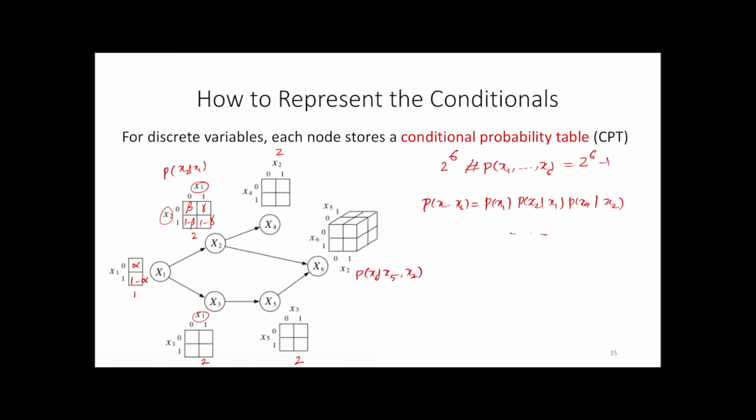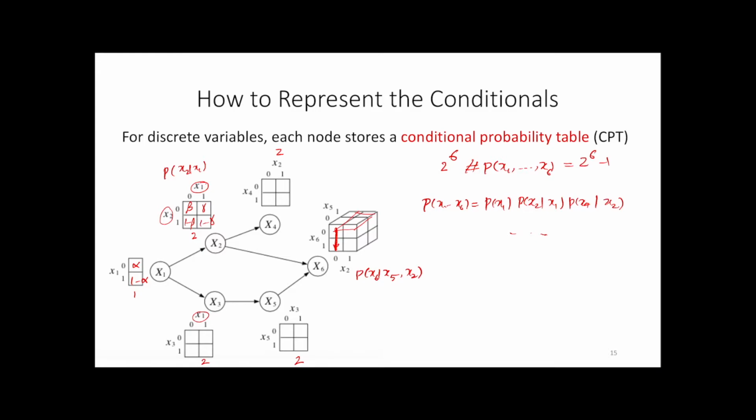And so the sum over this entire block should be 1, right? The number of parameters that we have here is going to be 4 for each of those.